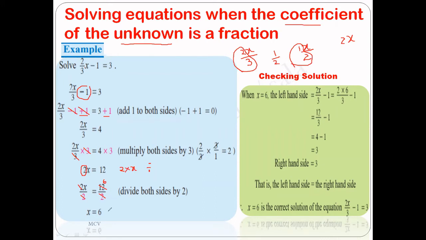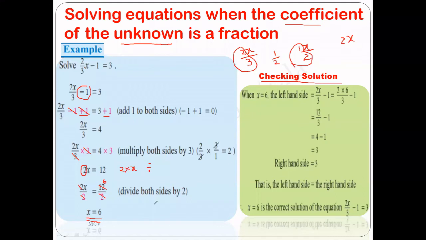Now we can check whether the solution is correct or wrong. How to check the solution? Let's see how to check the solution.